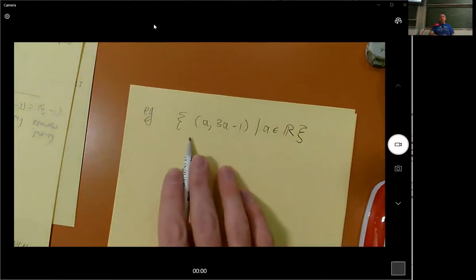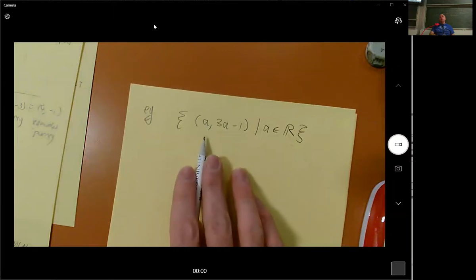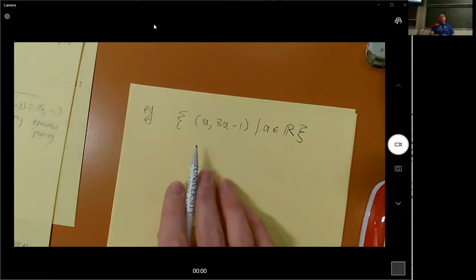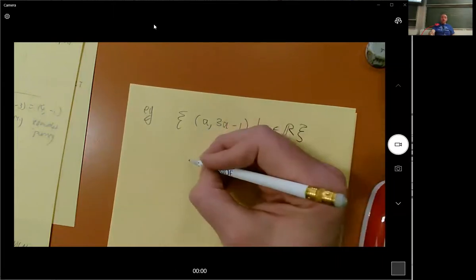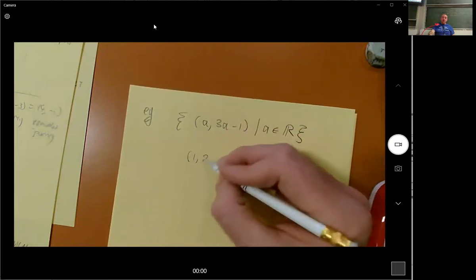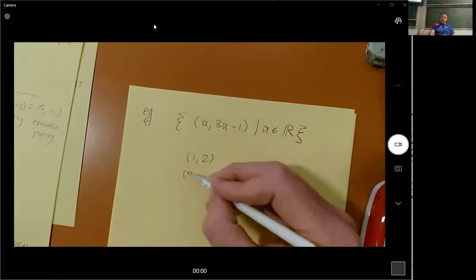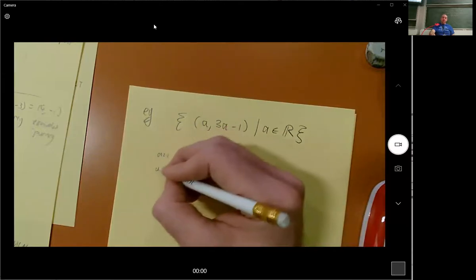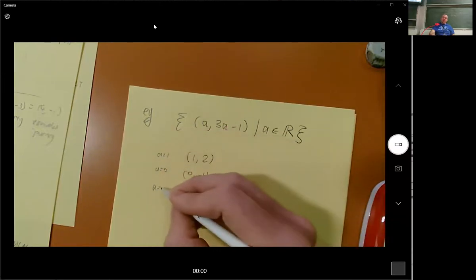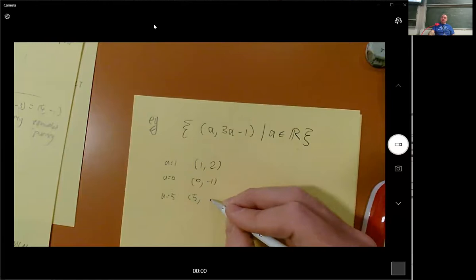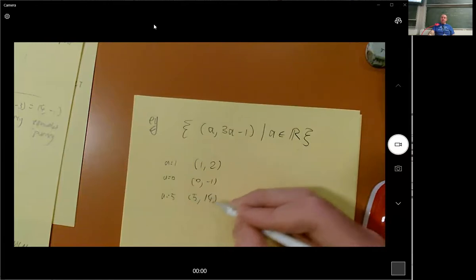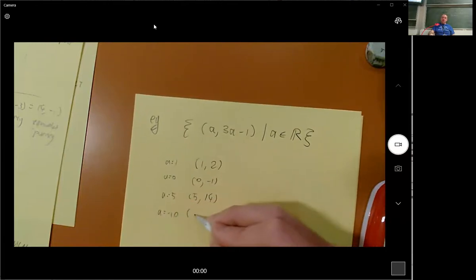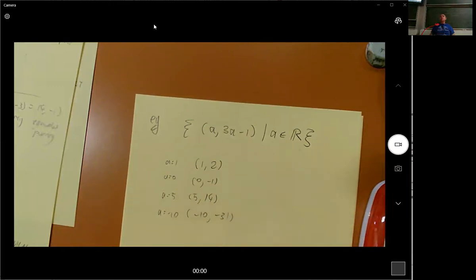And this is a description of all of the points with coordinates that look like this. So I can come up with points on this line as long as I want. If a is 1, I could have 1 and 3 times 1 minus 1, which is 2. And if a is 0, I could have 0 and 3 times 0 minus 1, which is minus 1. And if a is 5, I could have 5 and 3 times 5 is 15 minus 1 is 14. And if a is minus 10, I would have minus 10 and 3 times minus 10 minus 1, which is minus 31. And I can just keep making new points in this set for as long as I like.